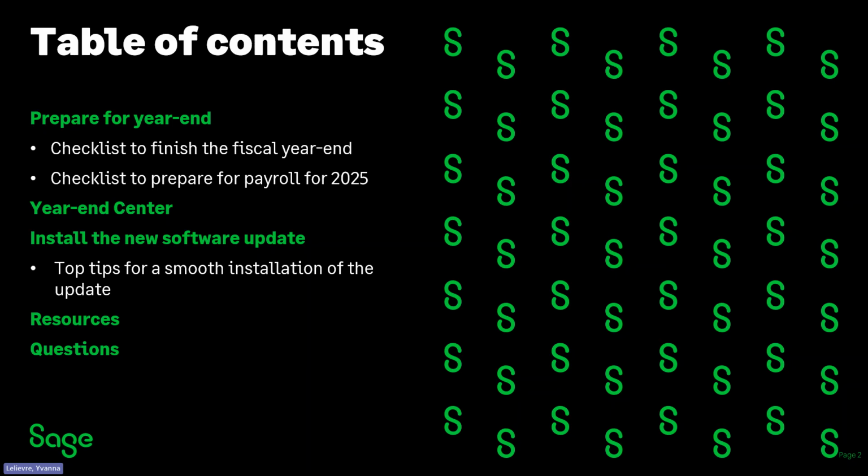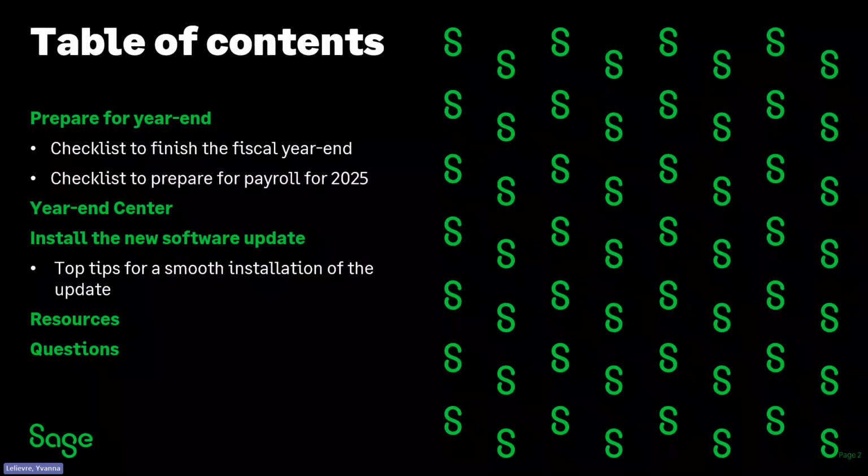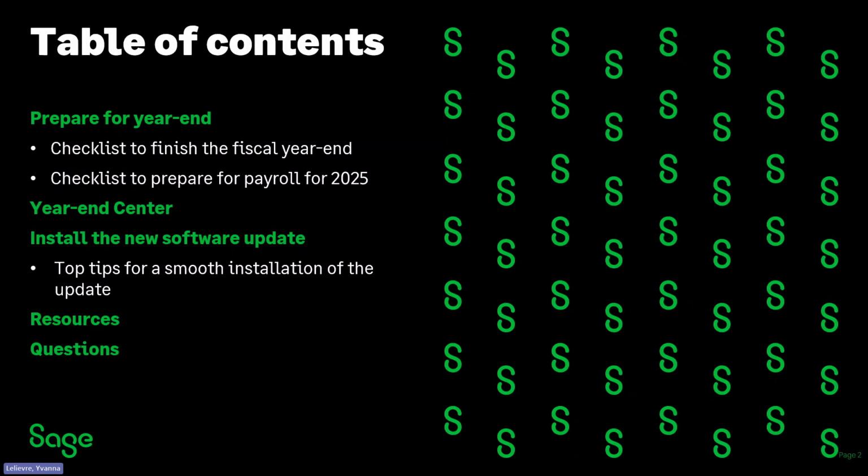I'm going to talk about the year-end center, and we'll talk a bit about the installation of the new software update, the 2026 software, and the tips to know to install it smoothly, especially for this 2026.0 update or 2026.1. I'll give you all of the resources at the end that are accessible online that you can access directly to help you prepare this year-end. And as I said, we'll have the quick Q&A section at the end of the webinar.